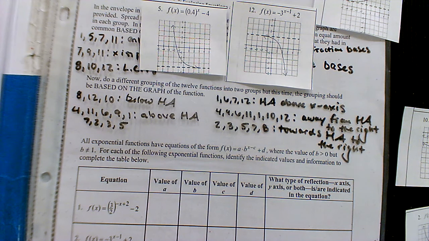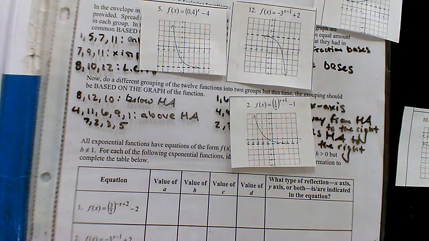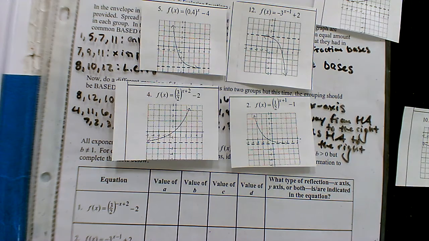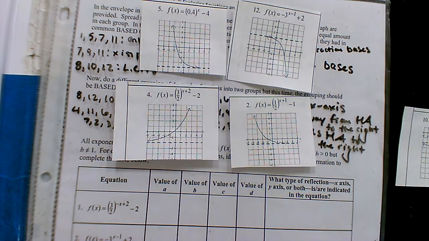Look at where the asymptote is located and how that location is related to the equation. I'll put a few up here. Can we make our first connection?